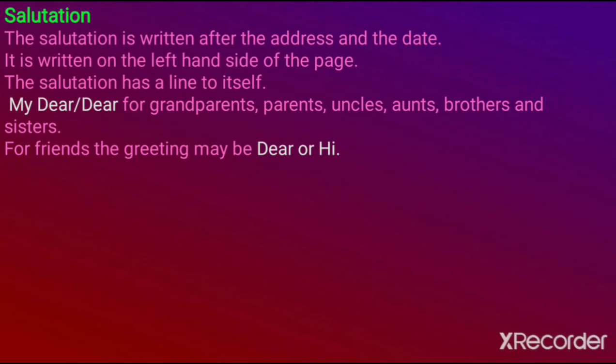Here one thing you have to make a note of. There you can see a comma after the end of the salutation. After the salutation you have to mention a comma. That is very, very important. I'll place the format of letter writing in the Google Classroom so that you can observe the punctuation and even the format of how it is to be followed.